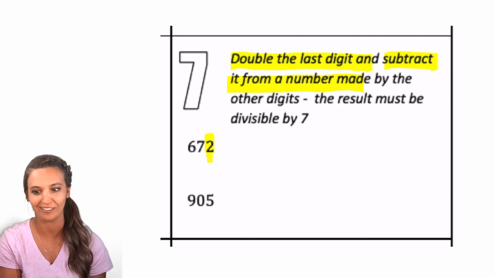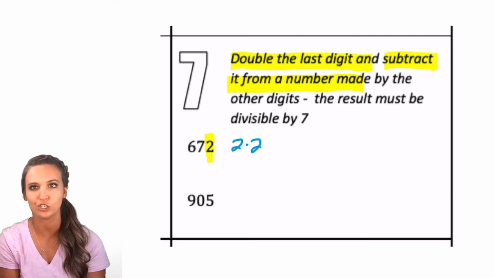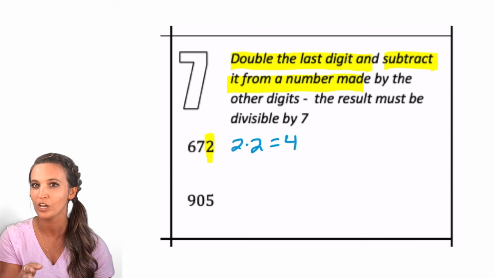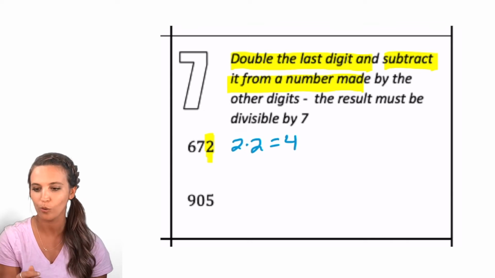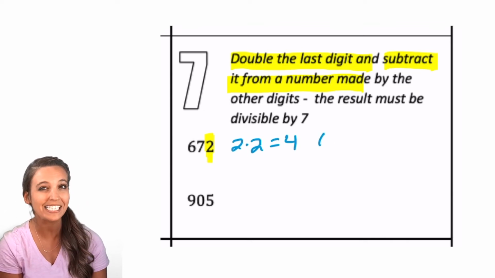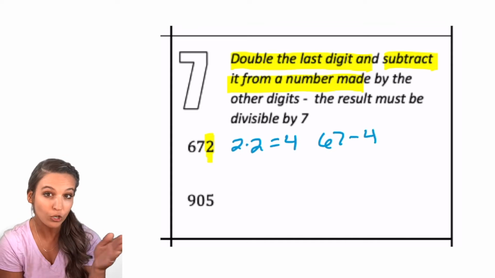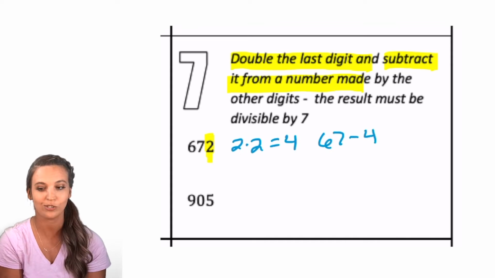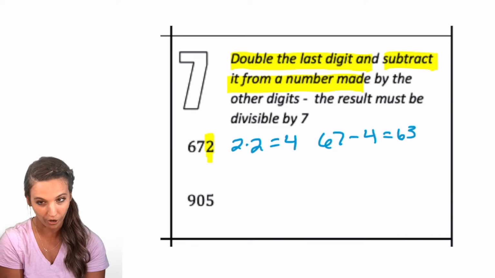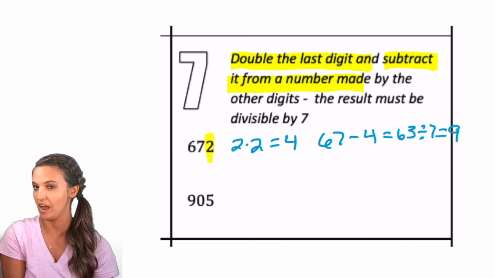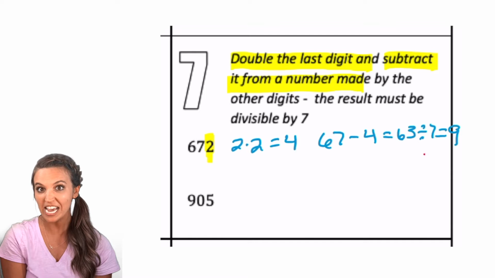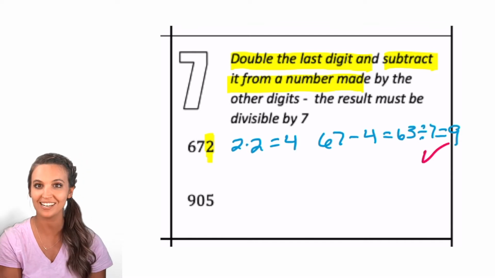Okay, let's hang together on the example. 672. Last digit is 2. If we double 2, we get 4. 67 is the number left over from the other 2 digits, so 67 minus 4 is 63. Is that result divisible by 7? Yeah, 63 divided by 7 is 9.